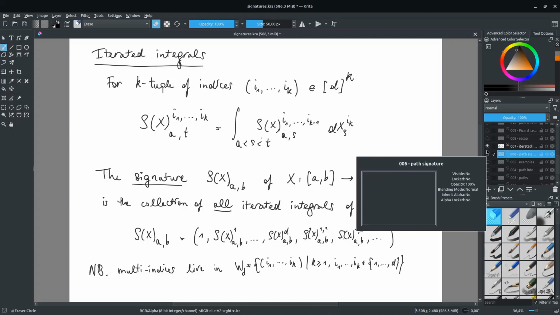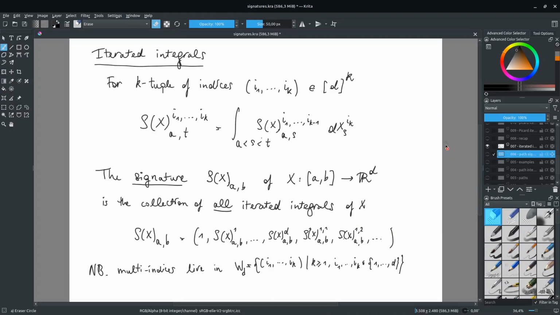So okay, we can keep going. Given some k-tuple of indices i_1 to i_k, the signature for these indices is simply going to be the iterated integral, in this case with respect to dx^{i_k} of s of the integral for i_1 to i_{k-1}.